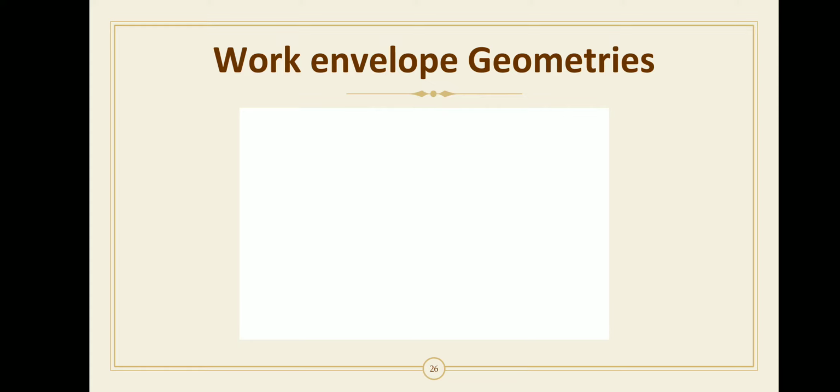In the previous slide, we already discussed the work envelopes generated by robot arms. The work envelope of a Cartesian coordinate robot is a rectangular box.